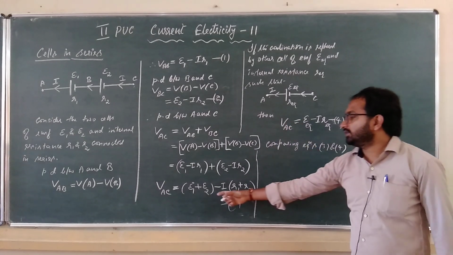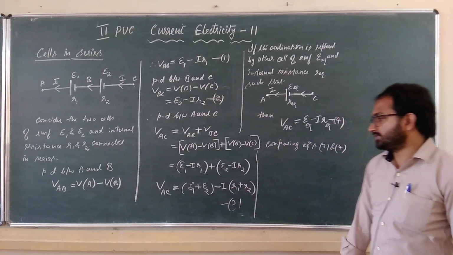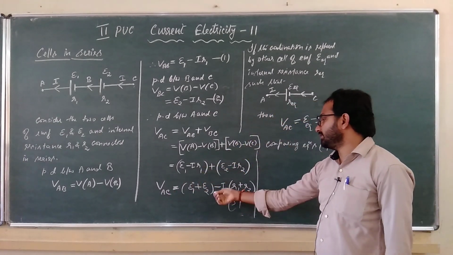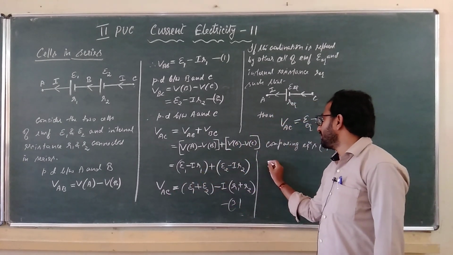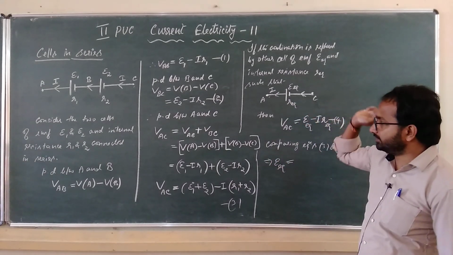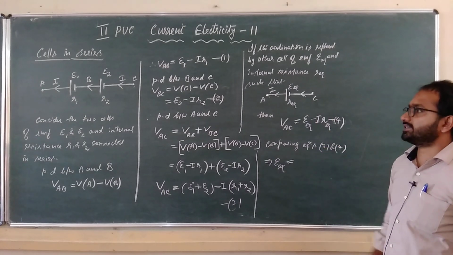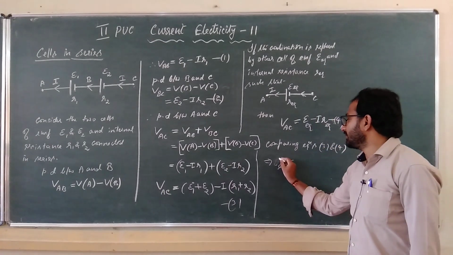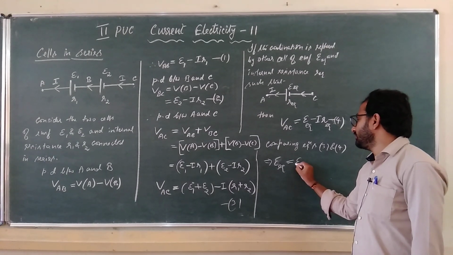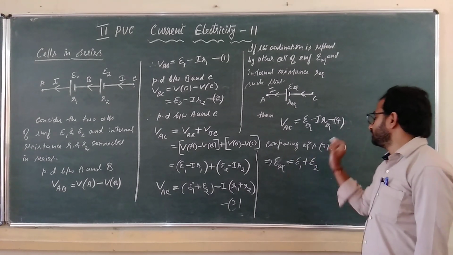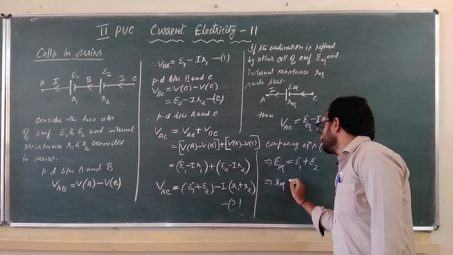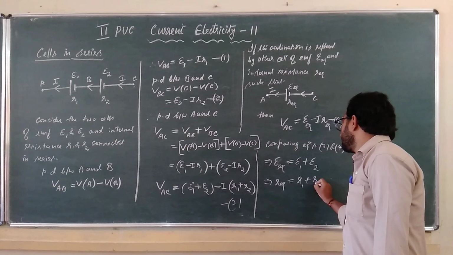So if I compare these two equations, the LHS of these two equations is the same, what about the RHS? If I compare, E equivalent, the equivalent EMF of this replaced cell, is equal to E1 plus E2, and R equivalent should be equal to R1 plus R2.